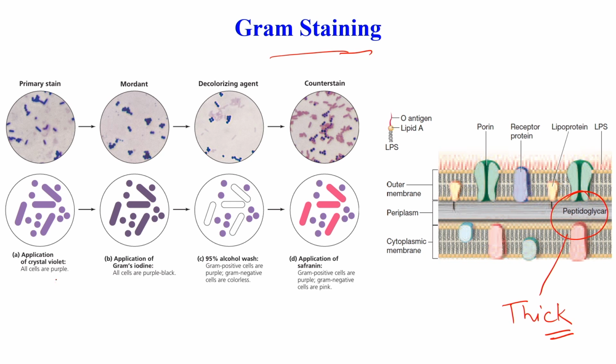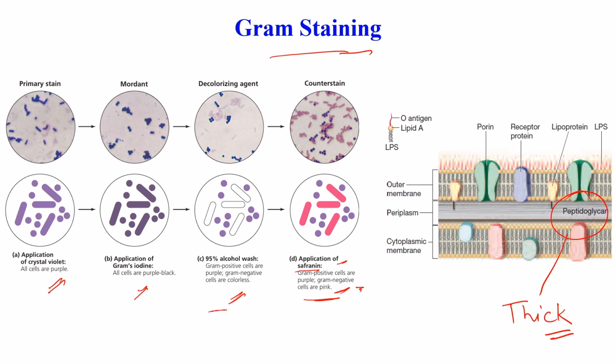So, here what you have to do, the first step is application of crystal violet, then followed by the application of gram's iodine, then you are going to wash with 95% alcohol, and then finally you will add this safranin. So, gram positive cells are purple, while gram negative bacteria which have attached the safranin become pink in color.